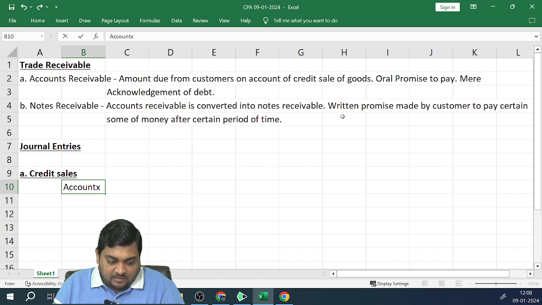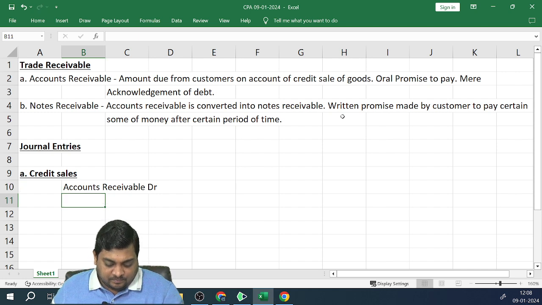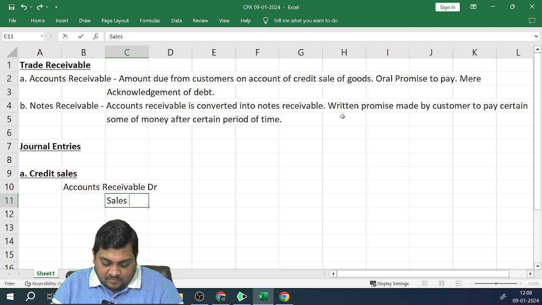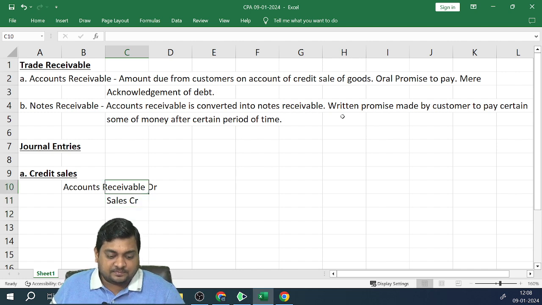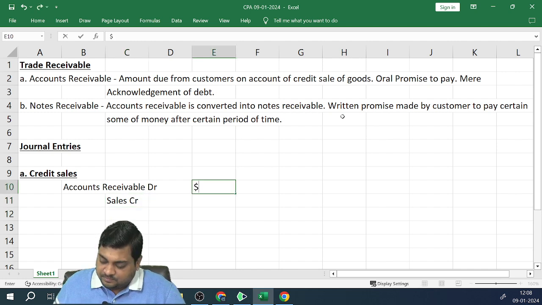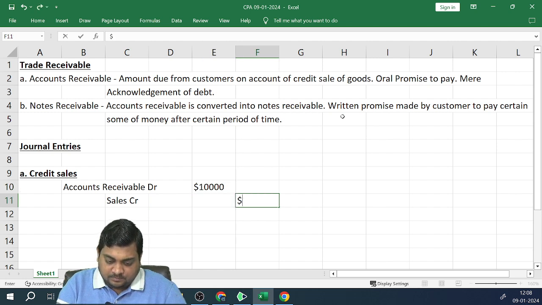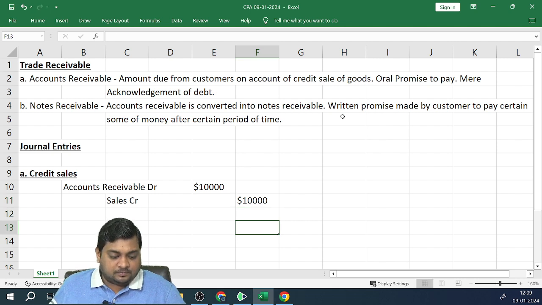It will be accounts receivable debit, sales credit. Very simple. $10,000.